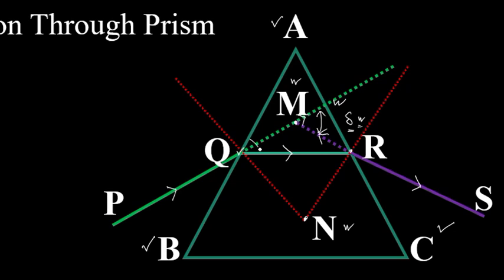So this angle will be 90 degree. This one also will be 90 degree. So sum of these two angles will be 180 degree. So the sum of this angle and this angle in the quadrilateral will be 180 degree.